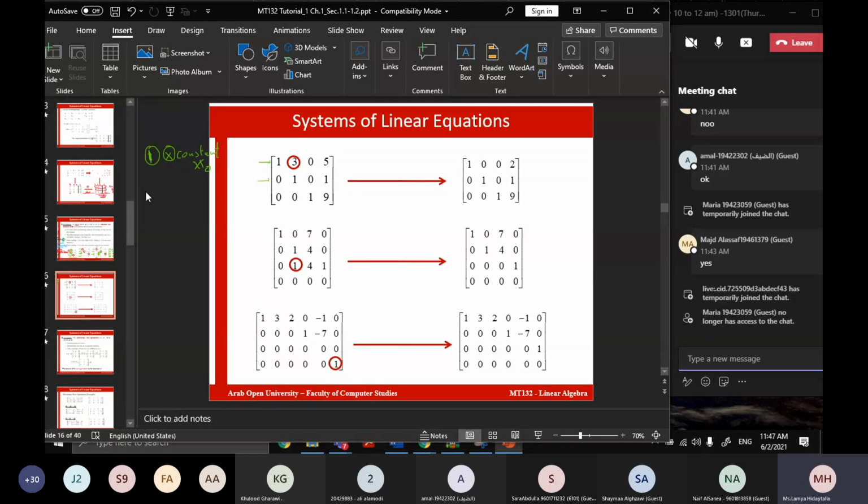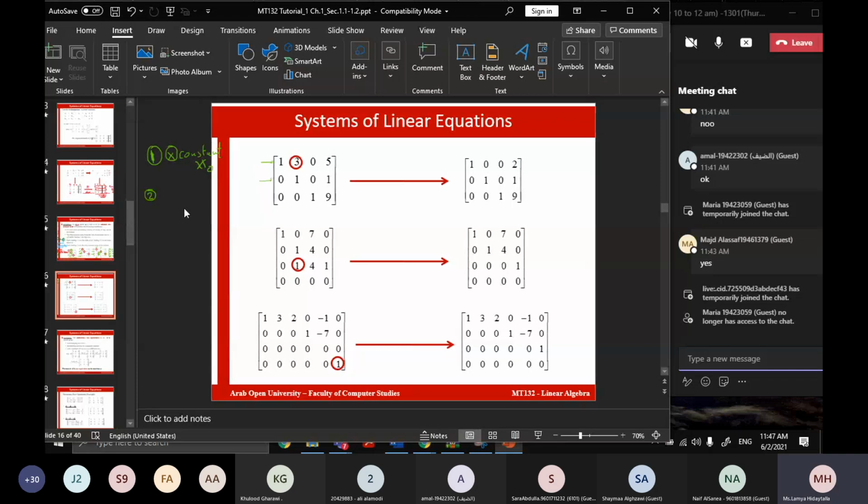Clear? Right. The second thing you are allowed to do, we can interchange between the rows, as we did before.